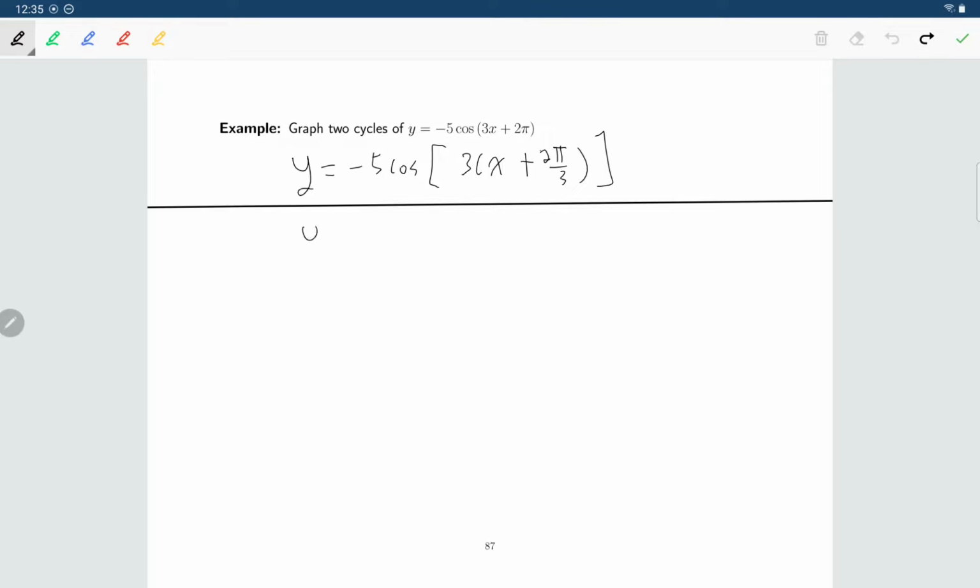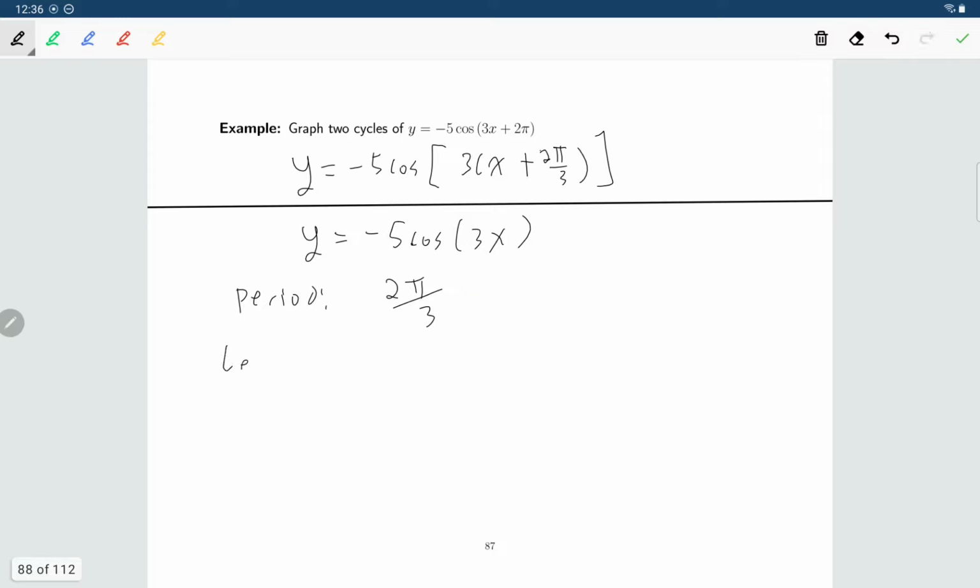So I'm going to look at the simpler trig function, the one without a phase shift, y equals negative 5 cos of 3x. And for that, I can find that the period is 2 pi divided by 3.